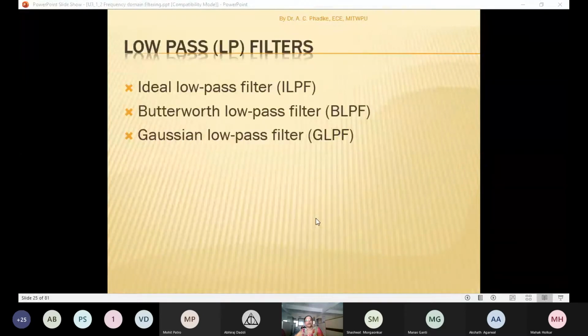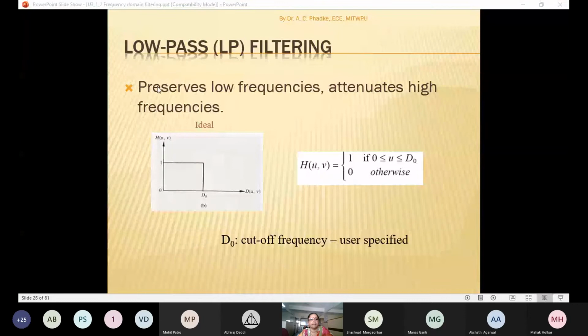Okay, so let us have a look at the very first filter, that is the ideal low pass filter. This ideal low pass filter is presented by this particular function in the frequency domain.